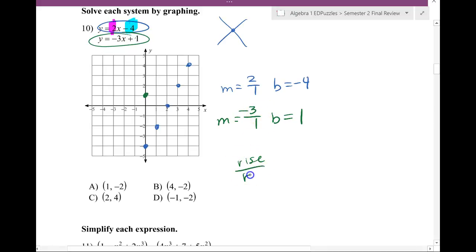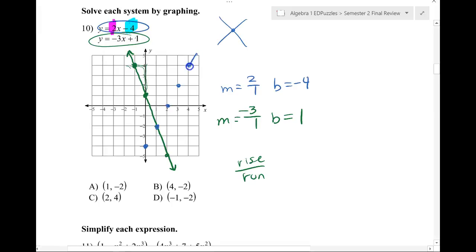If it's a negative rise, that means we go down. So down 3, then right 1. Down 3, right 1. And complete as many dots as you can. So to go back the other way, we don't go down, but we go up and then to the left. Okay? And then complete your line. And remember, you have arrows on both sides.